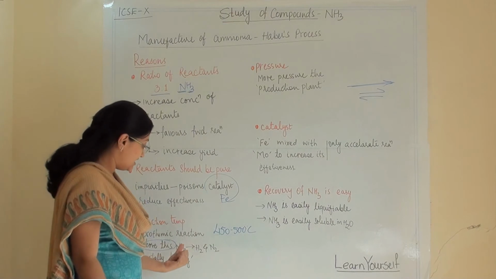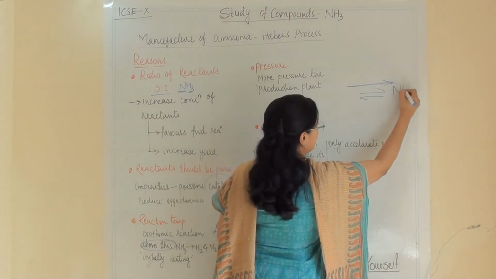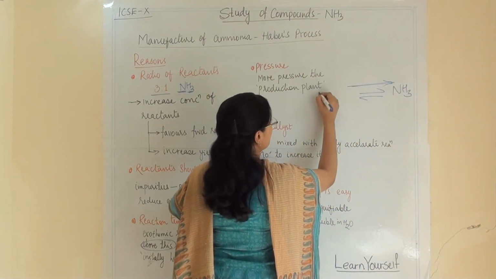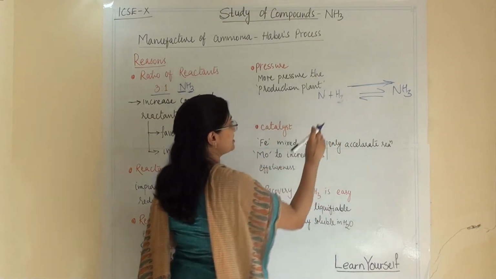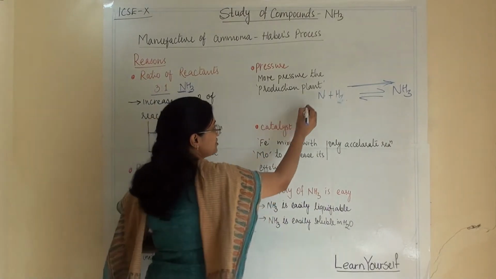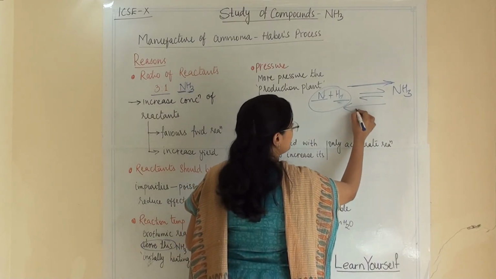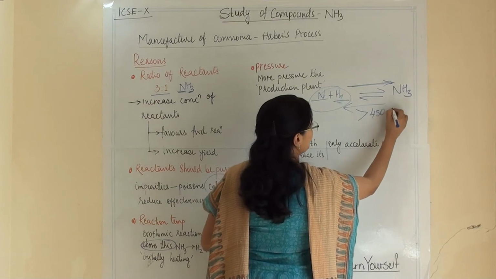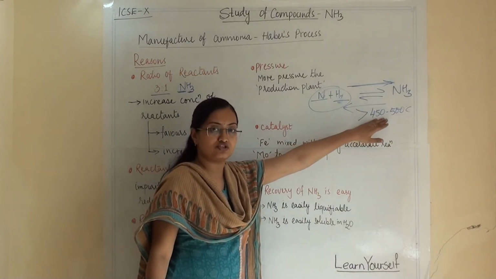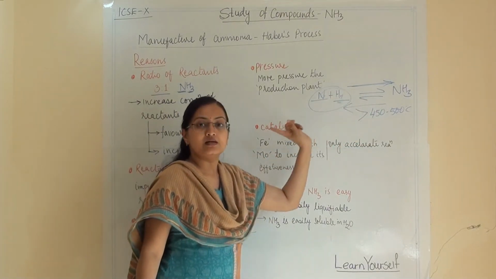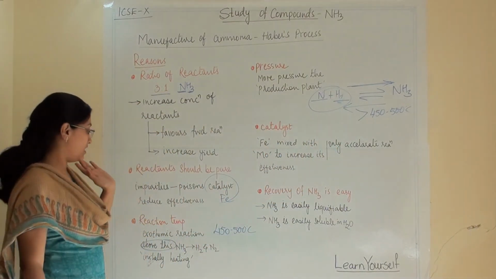That means our yield, NH3, will convert back into nitrogen and hydrogen if you keep the temperature more than 450 to 500 degrees centigrade.